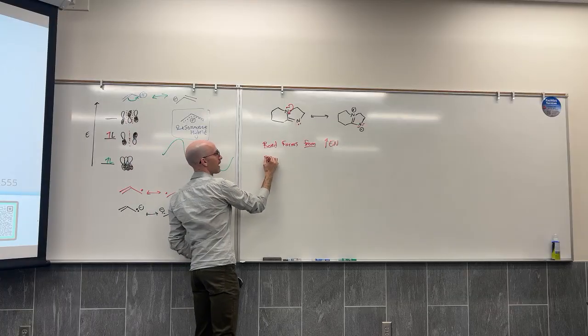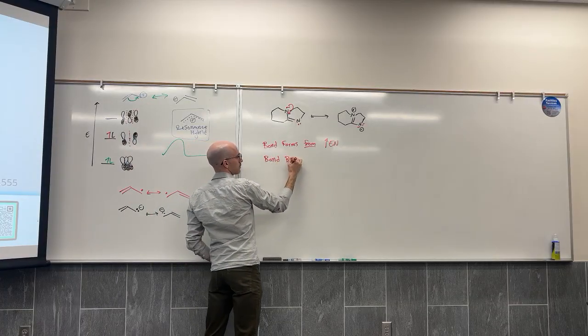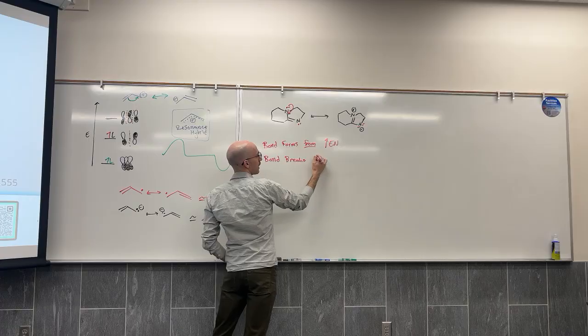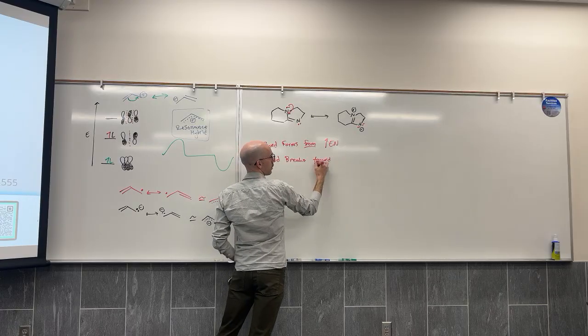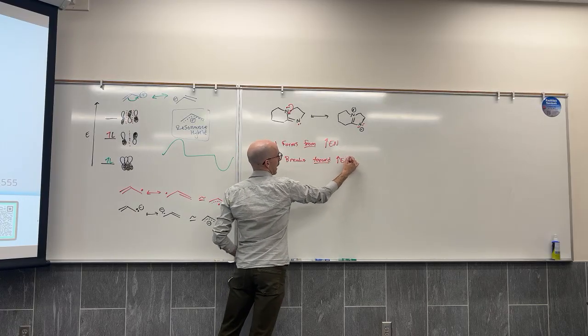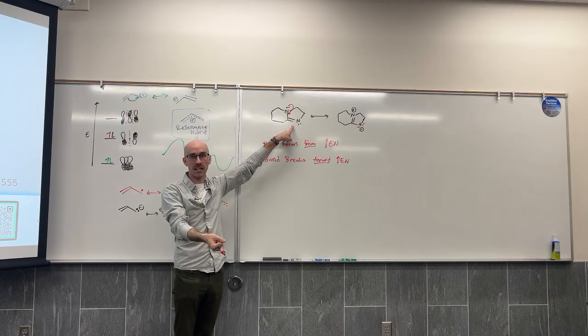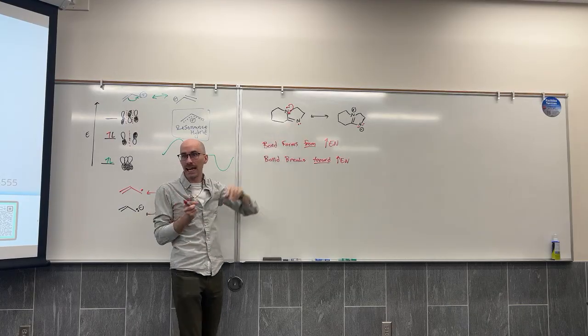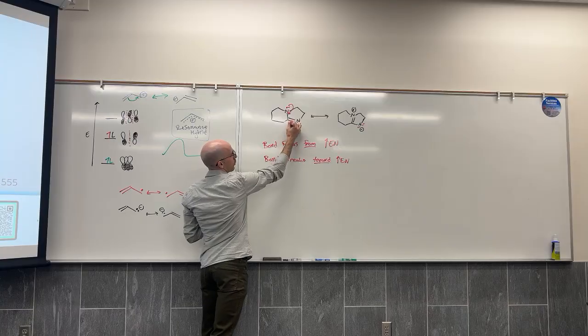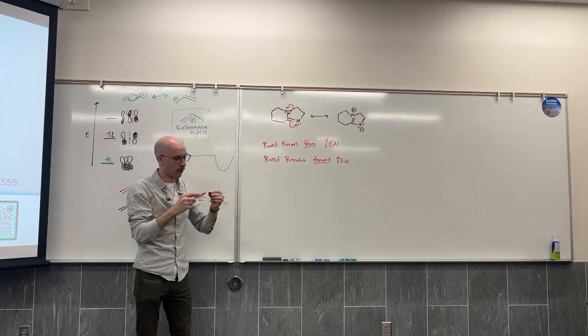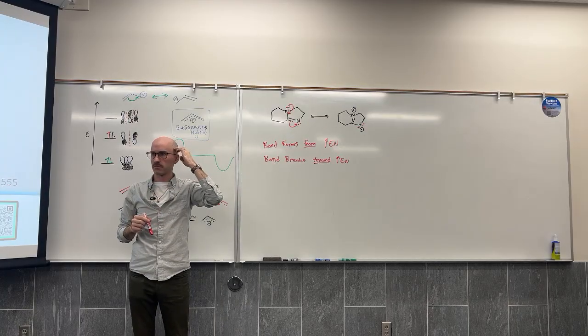When a bond breaks, it breaks toward the more electronegative atom. When this carbon-nitrogen bond breaks, it is nitrogen that gets to reclaim the electrons. So I show that bond breaking toward the nitrogen.